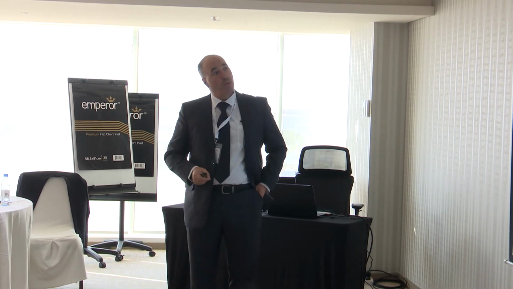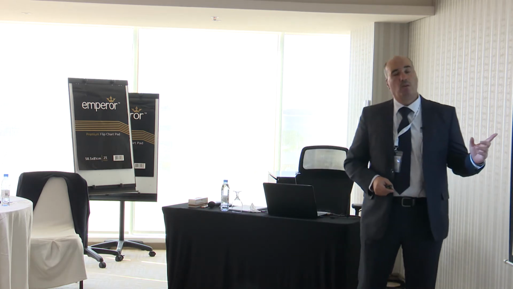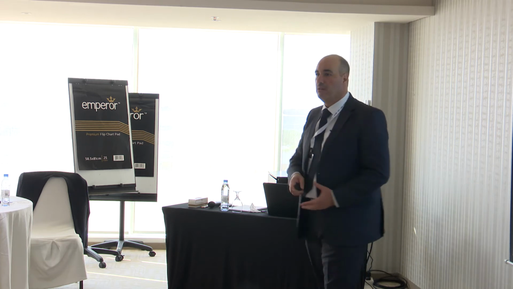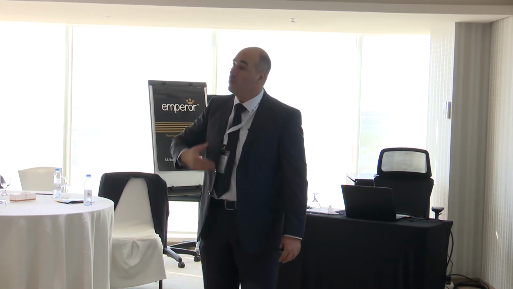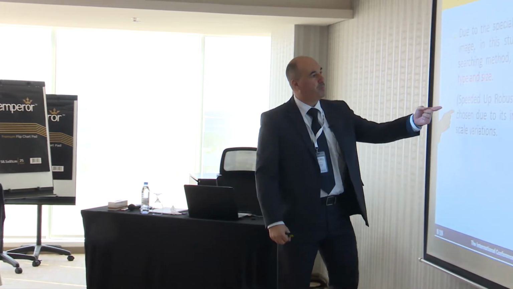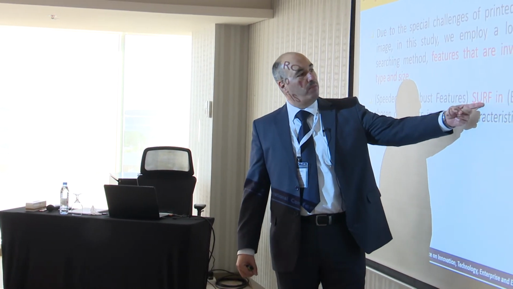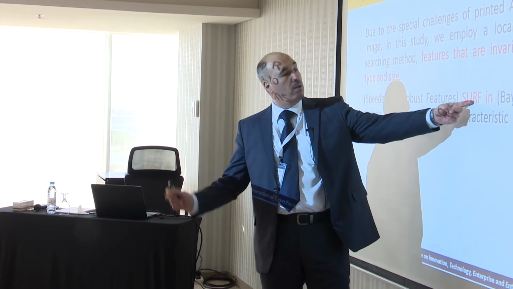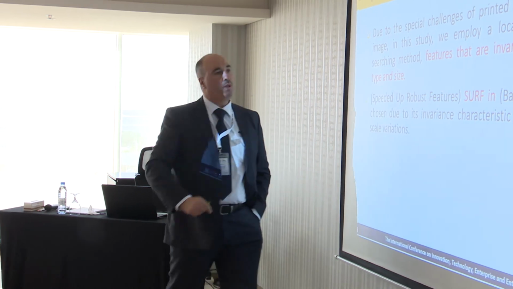In this study, we employ a local feature-based searching method, using features that are widely searched for in the domain of image processing, to find a filter that deals with scale and rotation invariance. So we found the Speeded Up Robust Features, SURF. SURF is a filter for images, first developed in 2008.